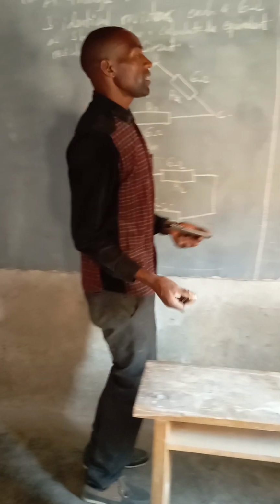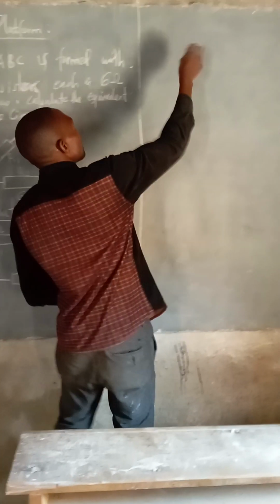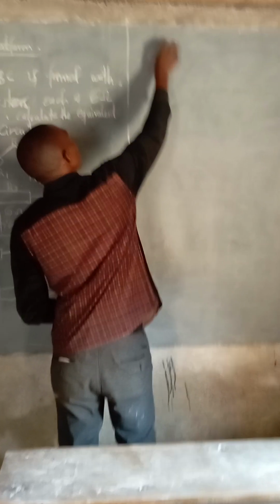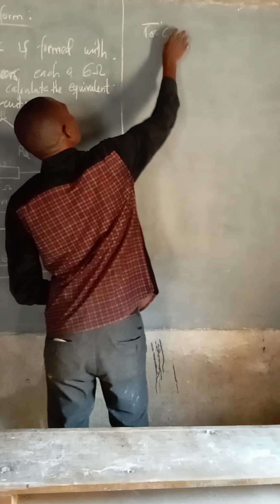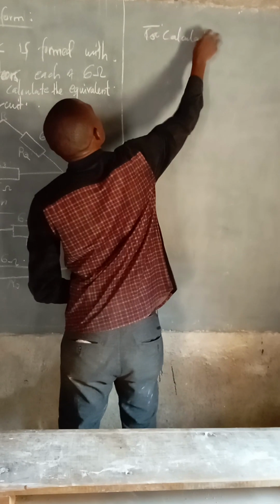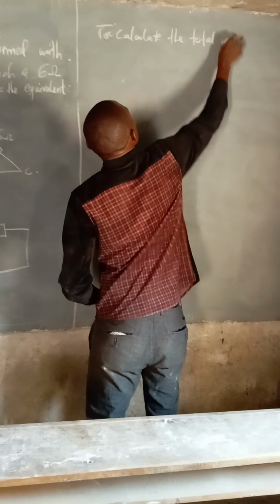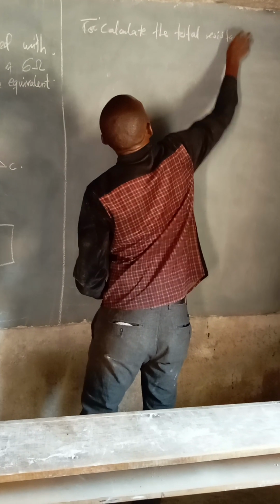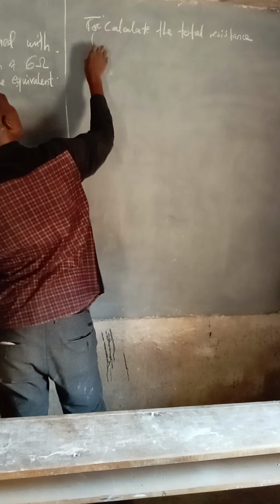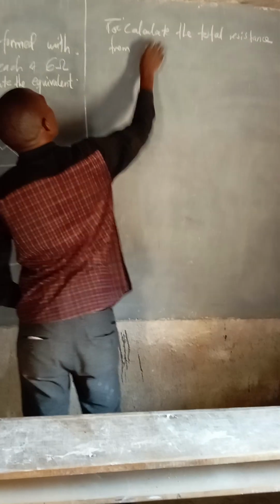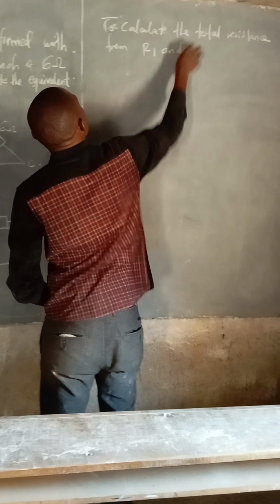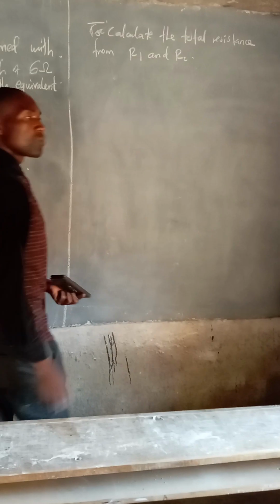Then we start to calculate the total resistance from resistor 1 and resistor 2.